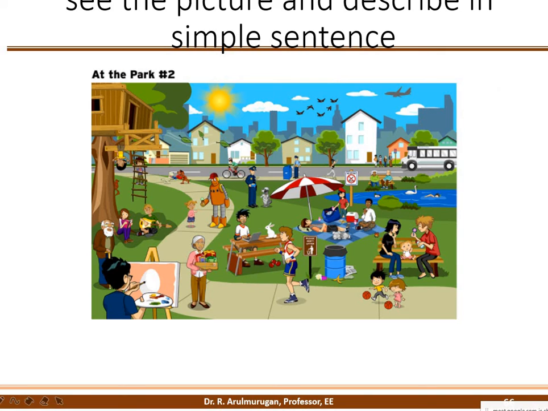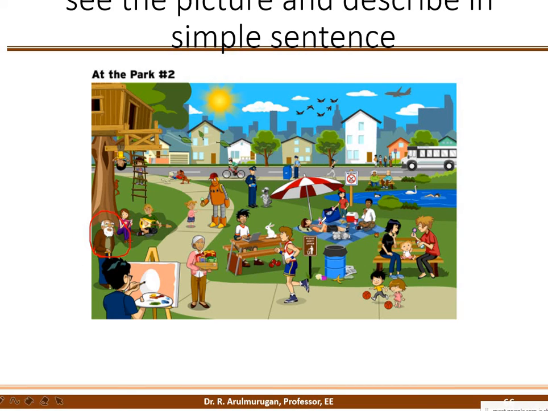So look at the picture as usual. I said the same picture about the MOSFET, the same picture I showed you. You are going to explain the picture. What is the grandfather doing? He is simply standing. He is one of the family members.